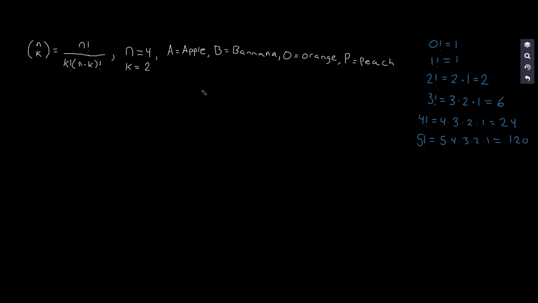How many unique pairs of fruits can I make? What are all of the combinations of fruits that I could have if I am to pick 2 out of a pool of 4? And so what are all the combinations I can get?